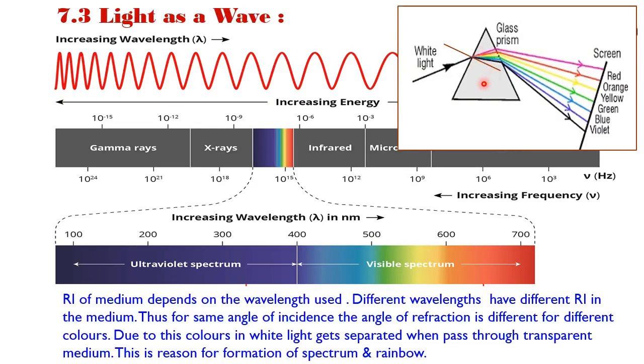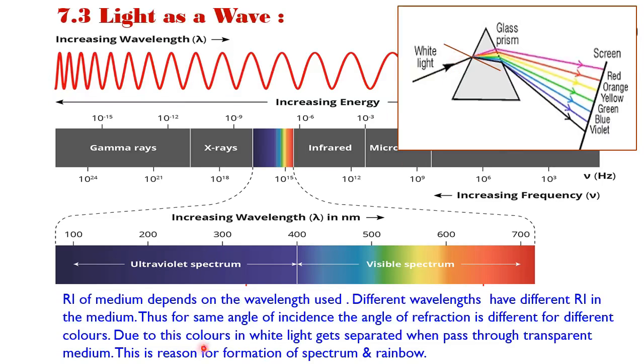Splitting of colors is there. The angle of refraction is the angle made by that color with the normal. Here you can see that the angle of refraction for violet color is less than that of the red color. This means the angles of refraction are different for different colors, even though the angle of incidence is the same.